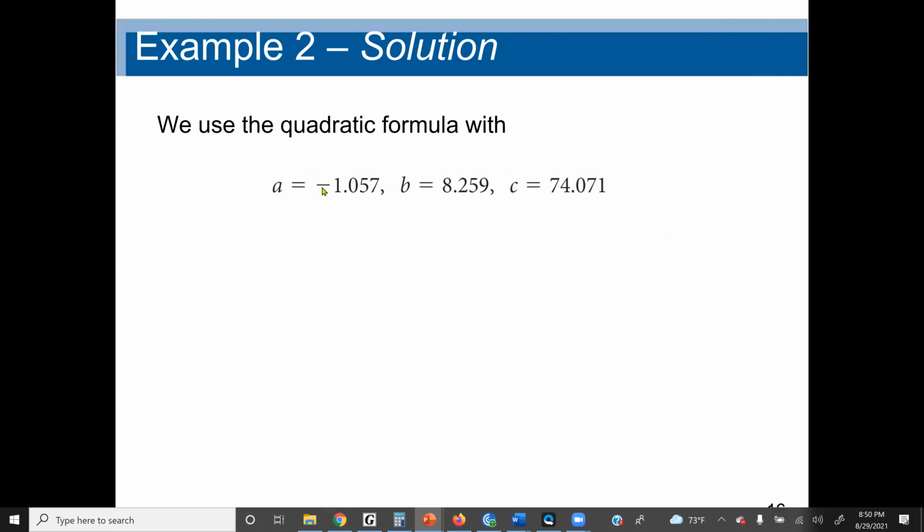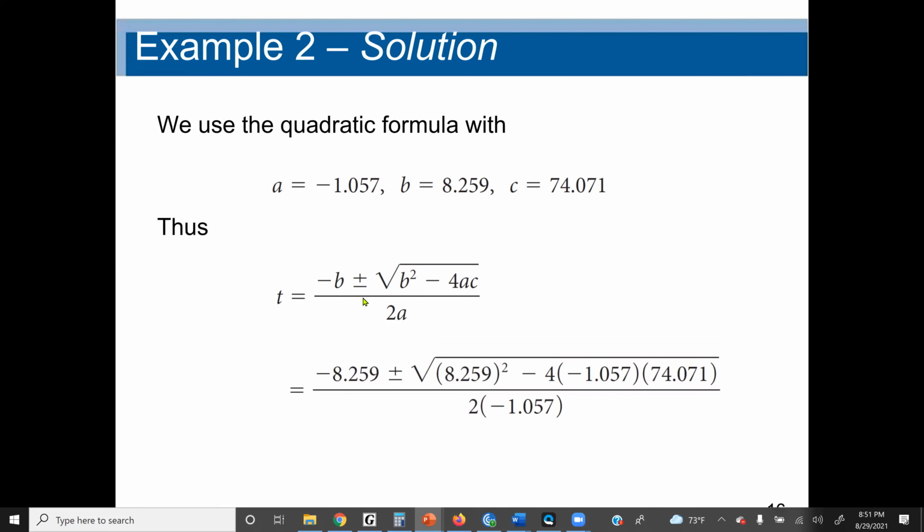So we have our a value, we have the b value. The a value is the coefficient of t squared. The b value is the coefficient of t, and c is the constant value. So we plug in the values. The formula again is negative b plus or minus the square root of b squared minus 4ac, divided by 2a.